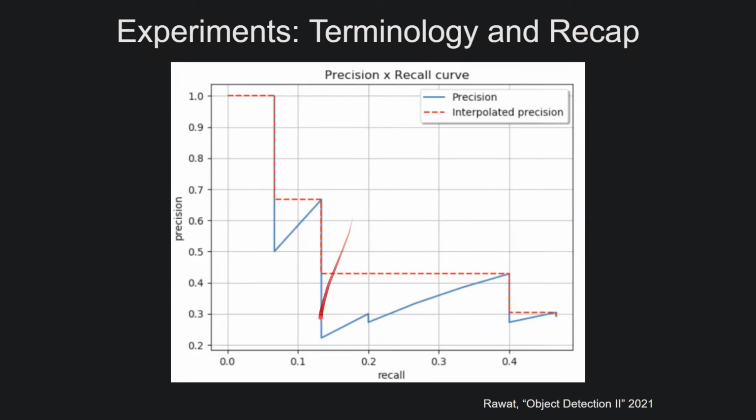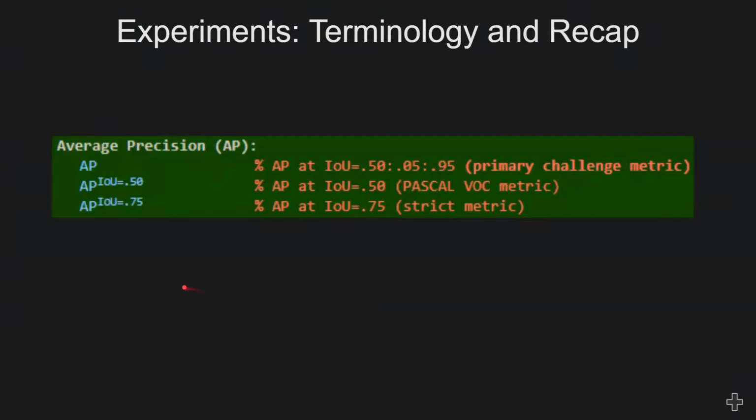If we plot the recall on the x-axis and precision on the y-axis, then the area under the curve will be the average precision. However, we have a few forms of AP. We have AP50 and AP75, which refer strictly to a threshold of 0.5 and 0.75 respectively, while AP alone refers to 0.5 to 0.95, meaning it goes from mediocre detection to perfection.